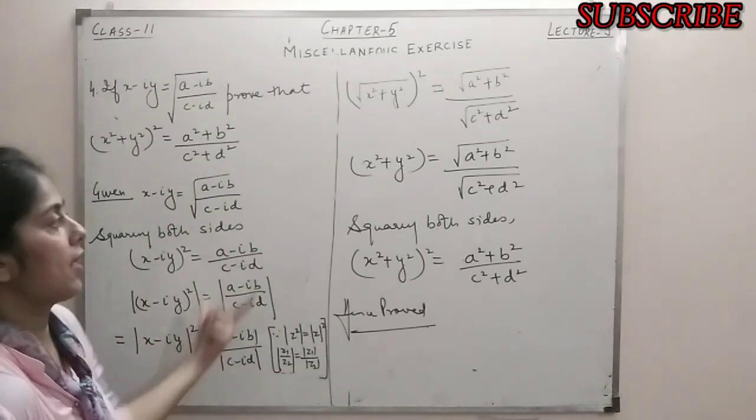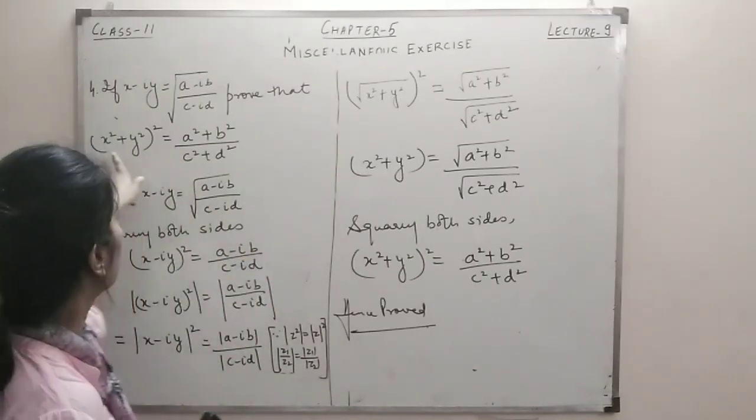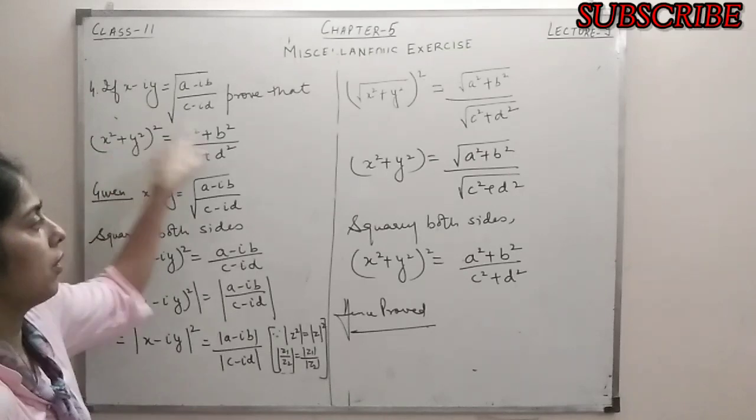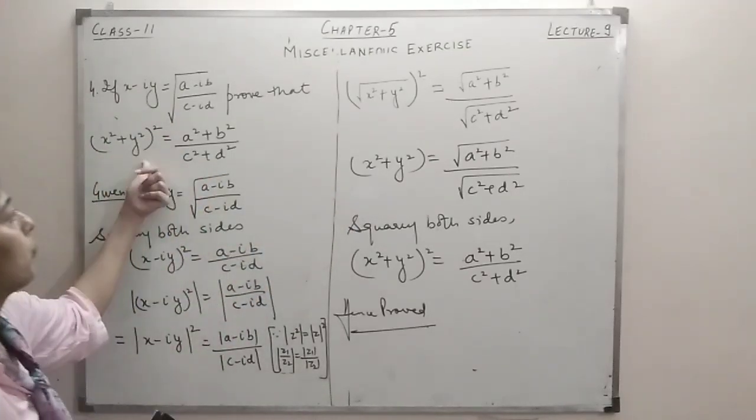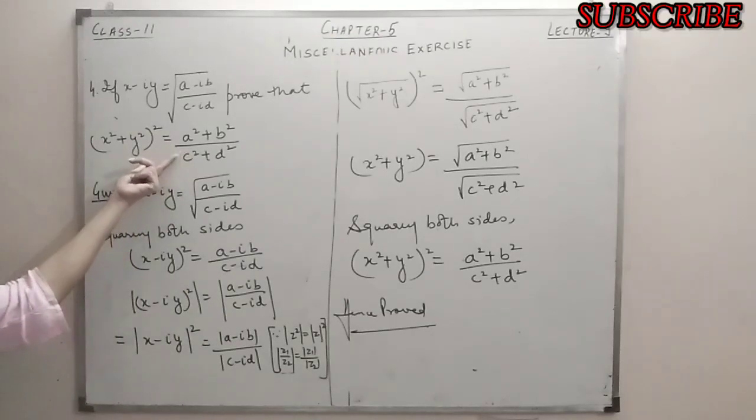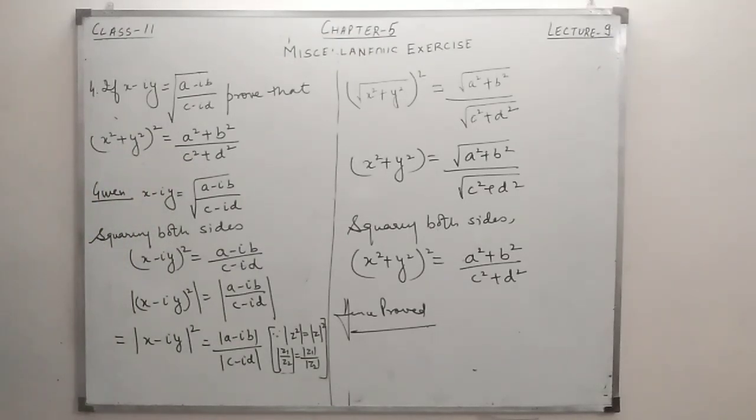Solve left side and right side both. At last, we have x square plus y square whole square. That's why again we have done the squaring to achieve our result. Right? So x square plus y square whole square equals a square plus b square upon c square plus d square. I hope this question is clear to you.